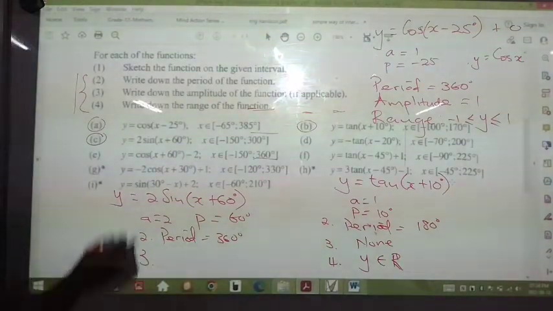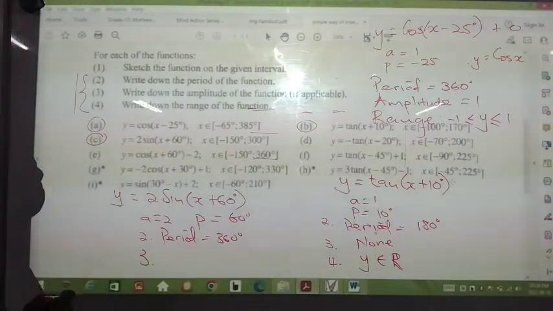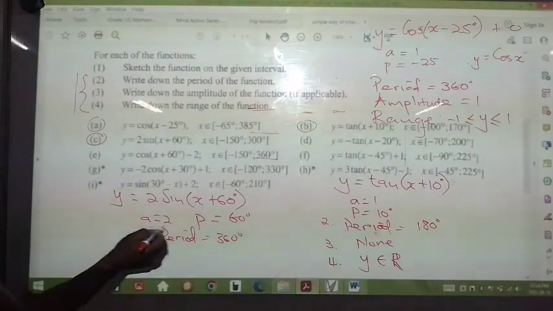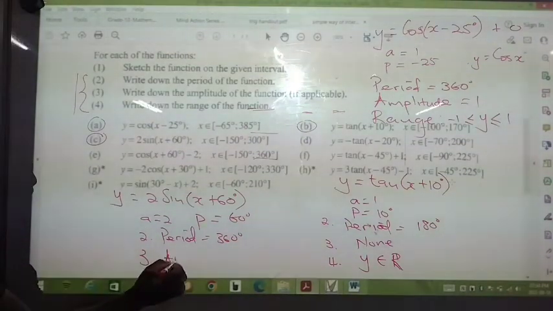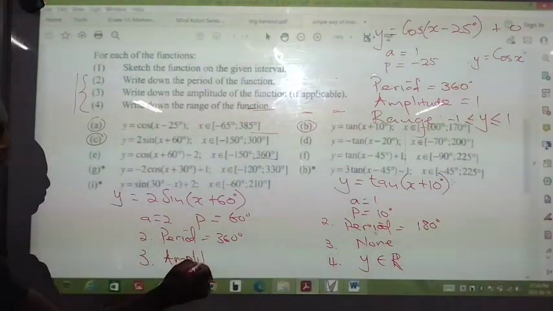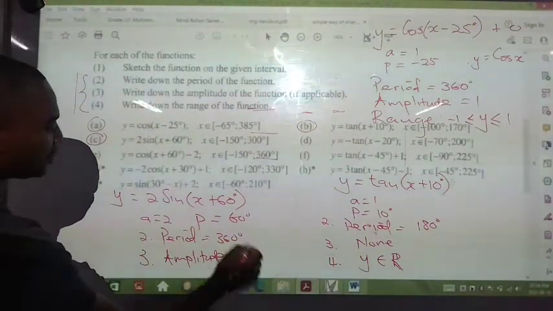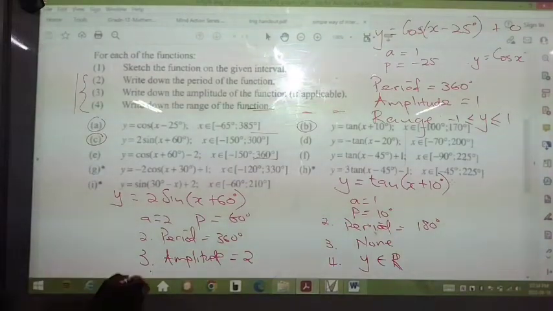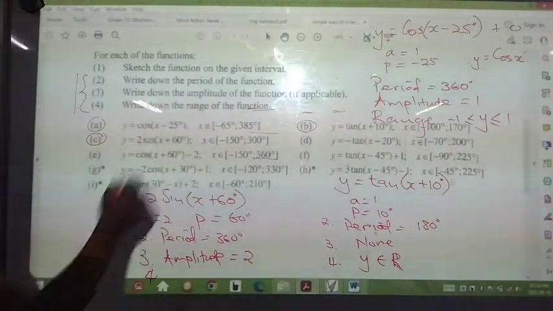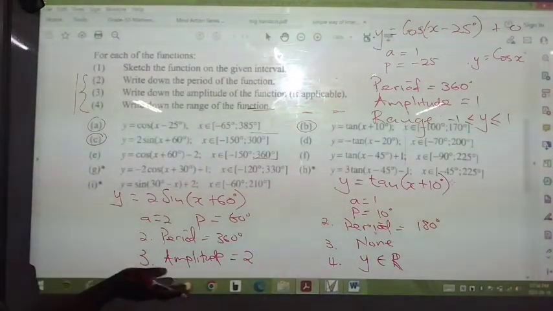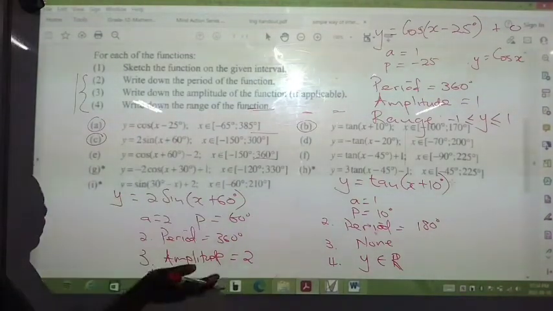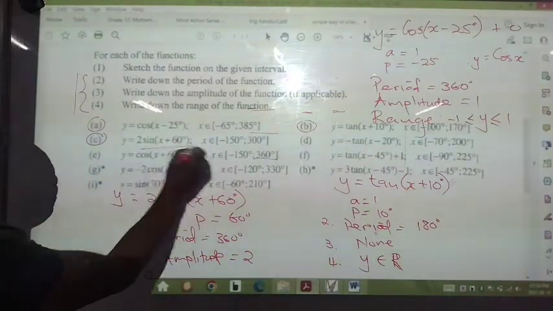Number 3, the amplitude is now determined by A. So our amplitude is equal to 2. And then number 4, we need the range. There is no vertical shift in this graph.